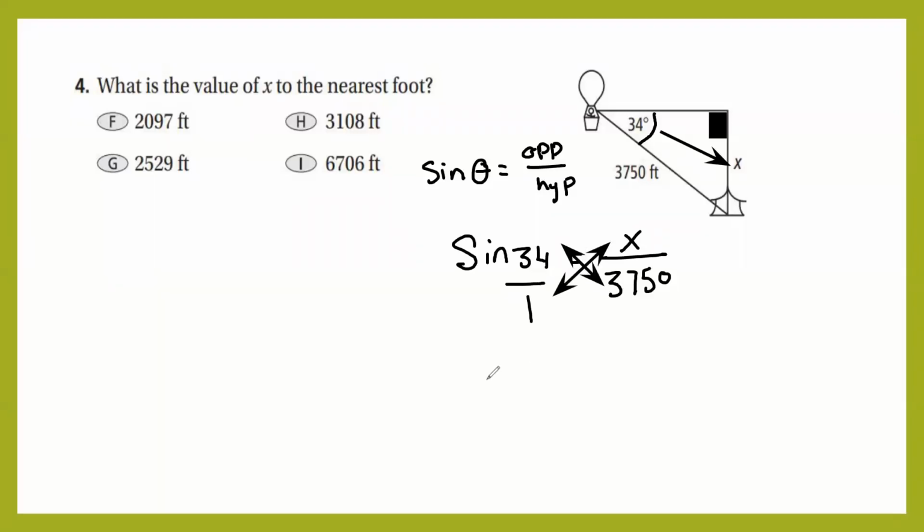This is my cross product, so x in this case equals 3750 times sine 34. Use the calculator, and that's all.